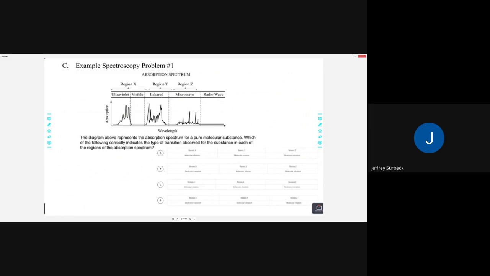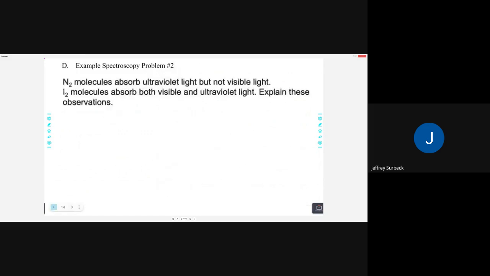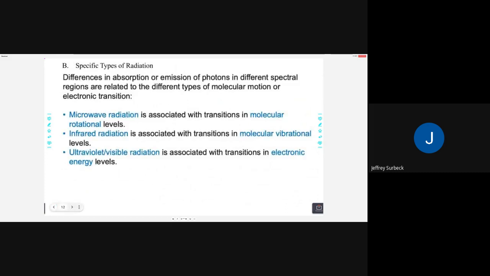Oh, so what it is doing, it's trying to get you to correlate this. Each of these variants of electromagnetic radiation is correlated to particular types of movement. And remember in our second part of thermochem, when I said degrees of freedom, and I said this particle would only have 1 degree of freedom, and we talked about the Boltzmann equation and all that jazz.